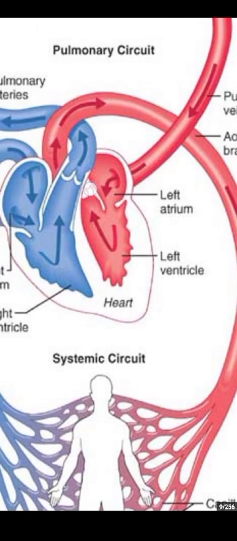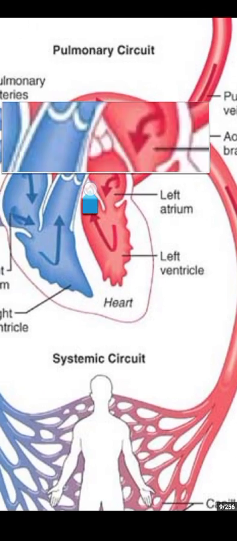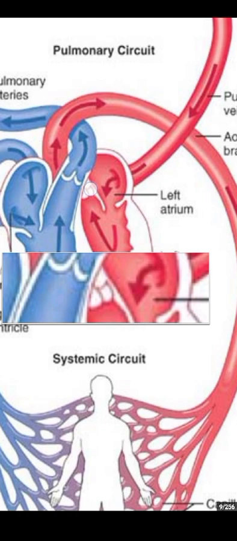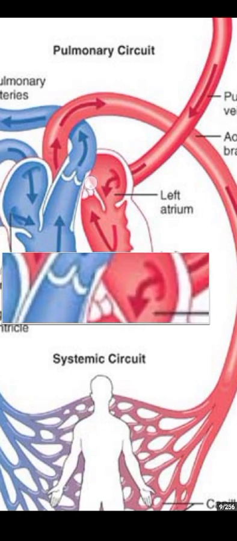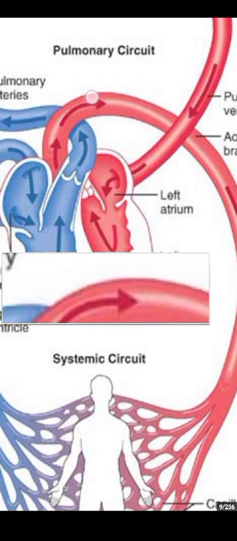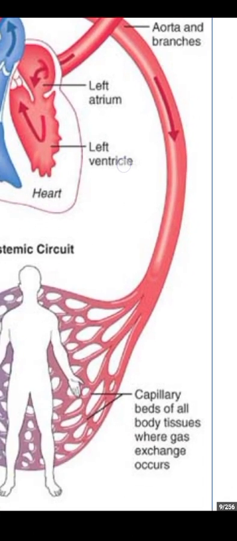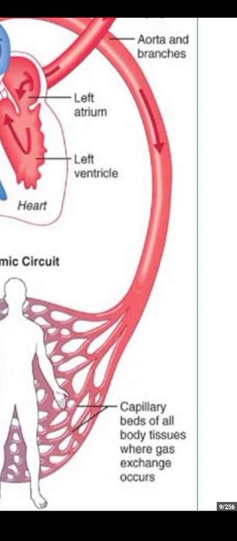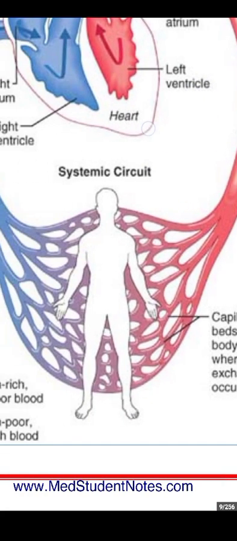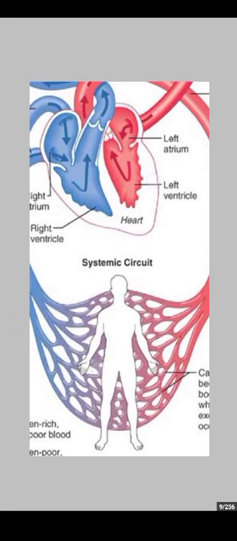You can see this portion, these three circles, is the aortic valve, and the blood enters the aorta. The blood enters the aorta, goes to the branches, and reaches the cells of the body.